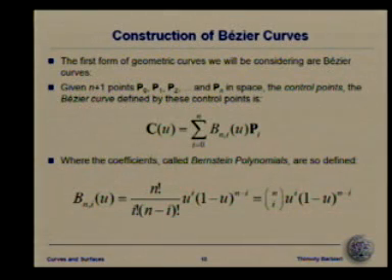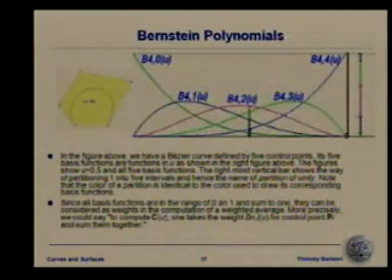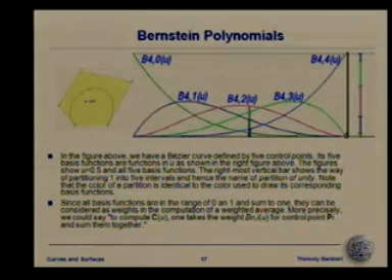So in the case of a degree 4 curve, so 5 control points, B40, B41, B42, B43, and B44, sum together, they always give you 1. So that's why it's called partition of unity.